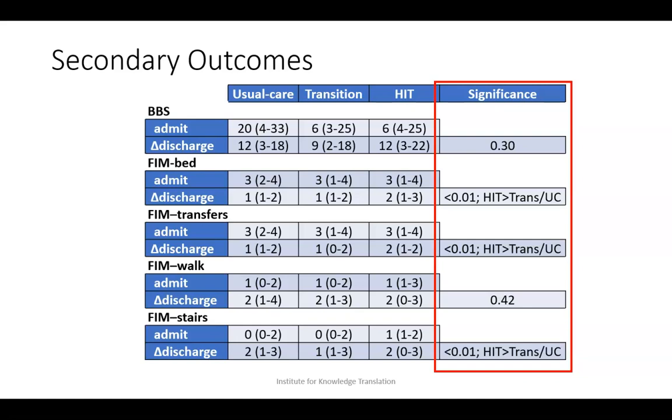There is not any differences between usual care and the transition phase. So even though you had statistically meaningful changes in what was happening during the therapy sessions between usual care and transition, it wasn't enough to make a difference for patient outcomes. So moving the needle a little bit didn't do enough to change what the patients ultimately got.